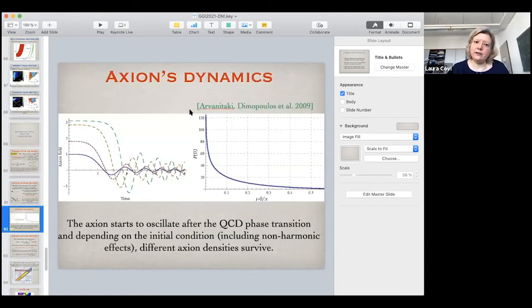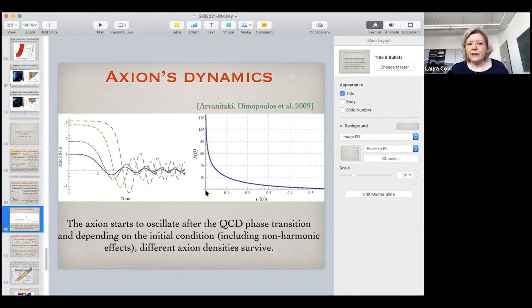Here I'm showing some numerical simulation from a paper by Armanitaki, Demopoulos et al. a few years ago. Here you see exactly the evolution of the axion field, which was computed numerically. Depending on the initial condition, you have different types of oscillations. And at the end, the oscillation becomes really a cosine oscillation, as you would expect from the solution we had yesterday.